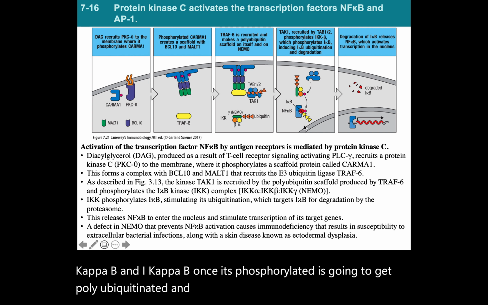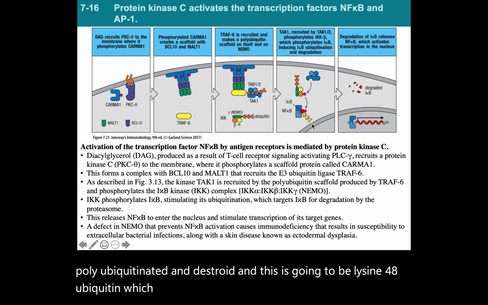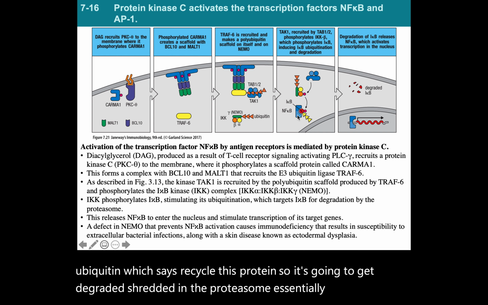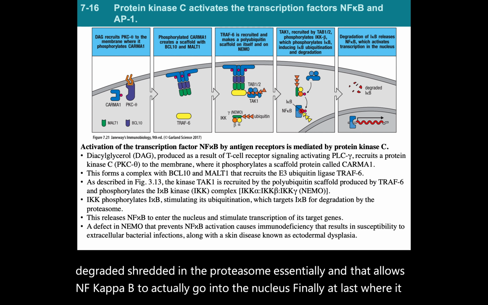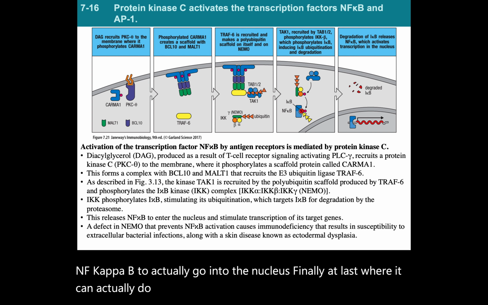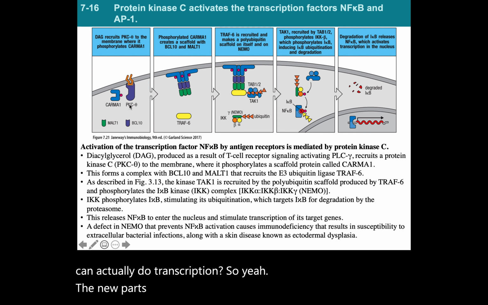And this is going to be lysine 48 ubiquitin, which says, recycle this protein. So it's going to get degraded, shredded in the proteasome, essentially. And that allows NF kappa B to actually go into the nucleus, finally, at last, where it can actually do transcription.